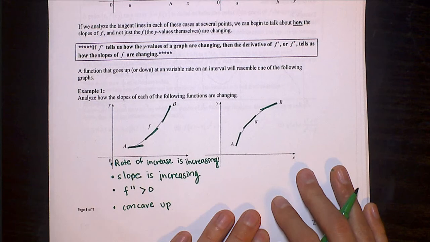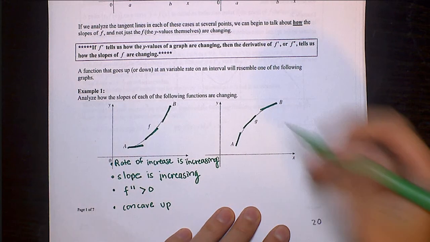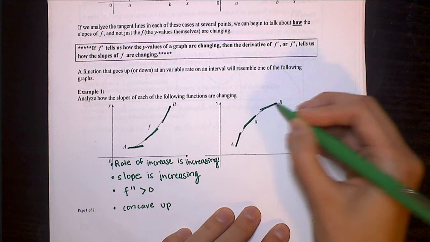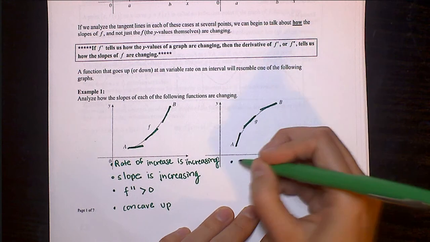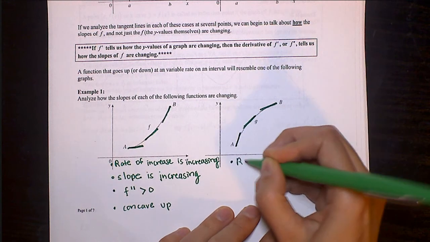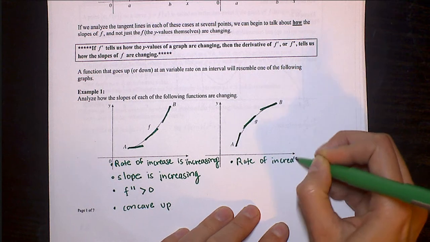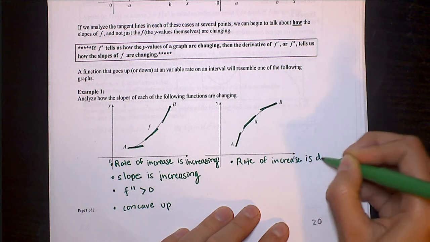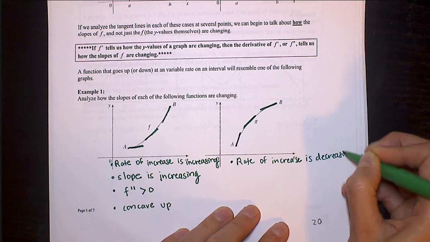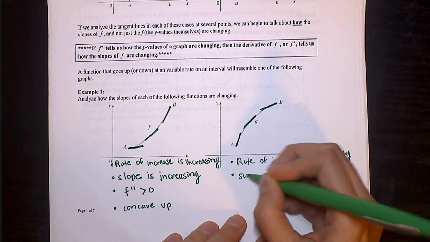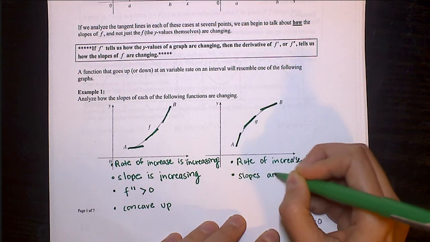Okay. Looking at this one, these tangent lines are slowly getting less steep. It's still increasing, but the rate of increase is decreasing. So the slopes are decreasing.